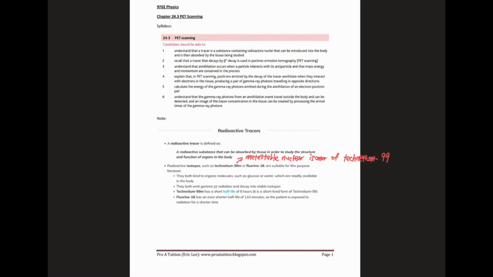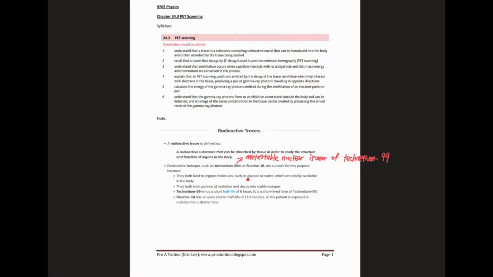Now let's see why we use these two types of radioactive isotopes. The first reason is written here. They both bind to organic molecules such as glucose or water, which are readily available in the body. Imagine that in our human body, the cells need glucose as food and need water for metabolism.